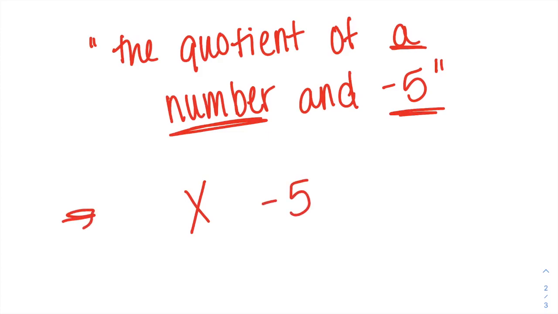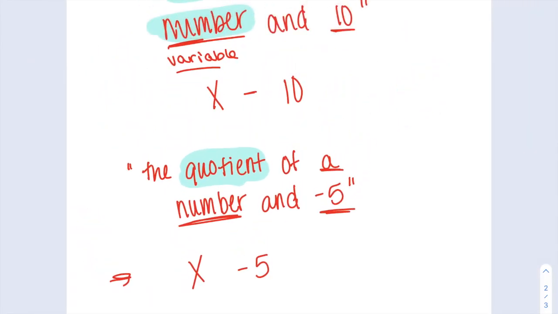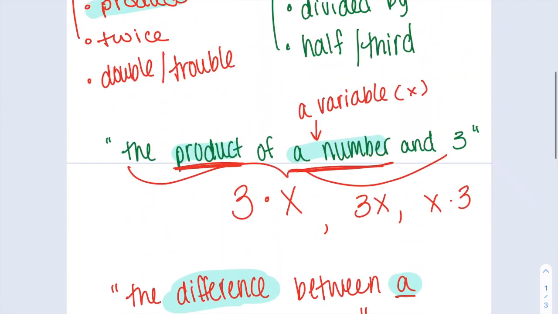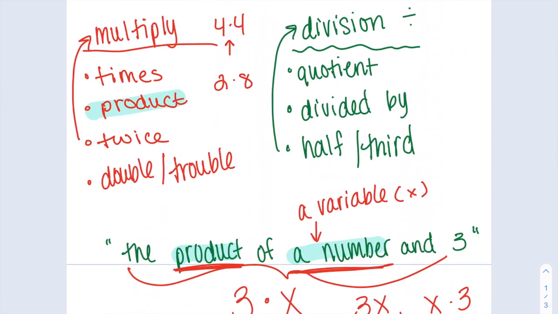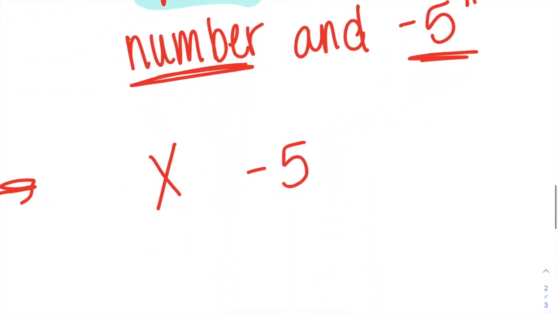So now I just need to put in the middle of those two things, in between the number and the -5, whatever my operation symbol is for quotient. So either a plus, a minus, a division symbol, or a multiplication symbol, whichever operation quotient relates to. And in this case, a quotient is division. So I am going to write a division symbol in between x and -5.